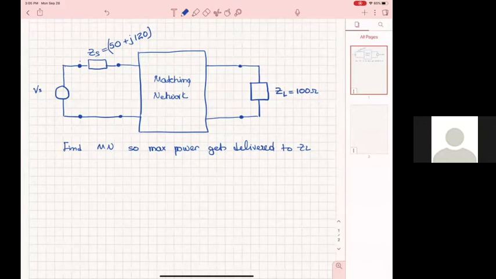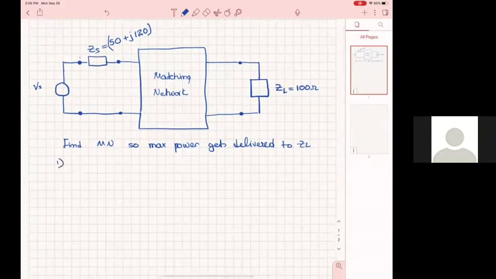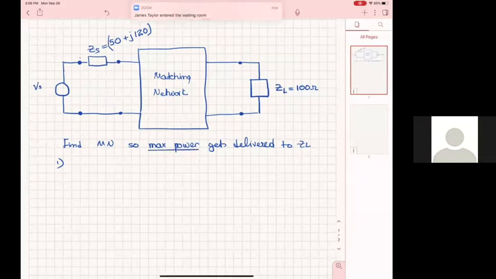What are the things that we will have? Number one to consider, to be able to have maximum power delivered, let me admit this student. All right.